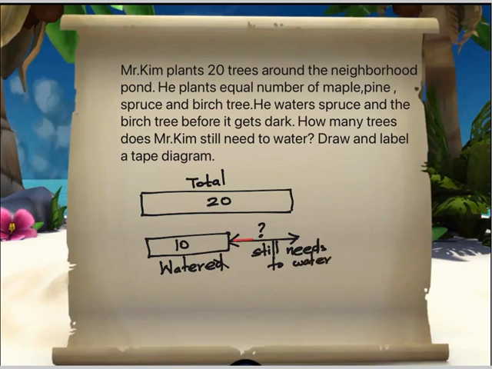So this is the thing that we have to find, the red mark. That will give you the number of trees that he needs to water. So that is why we went for a subtraction number sentence. 20 minus 10 is 10. And the statement was Mr. Kim still needs to water 10 trees.